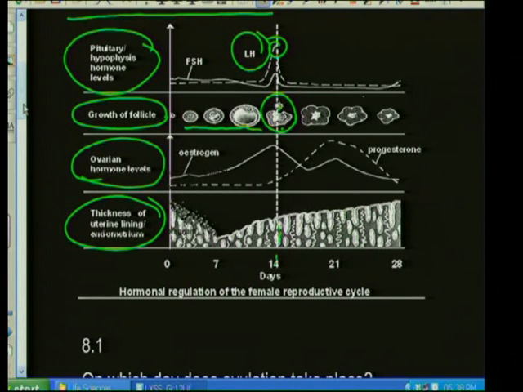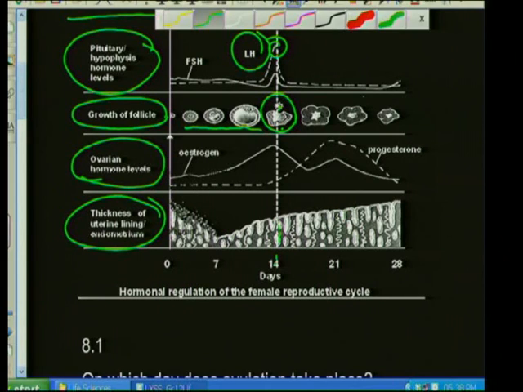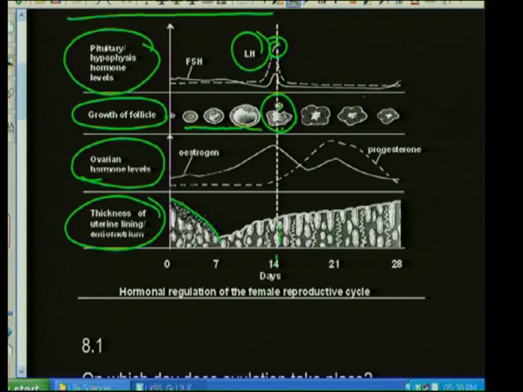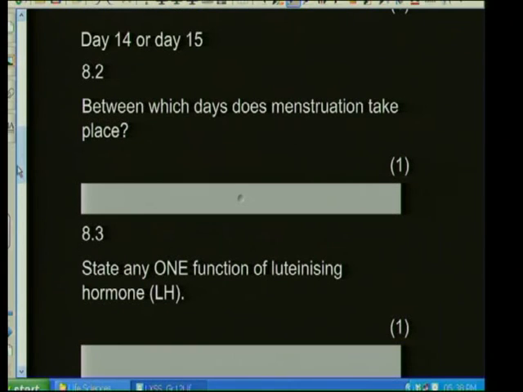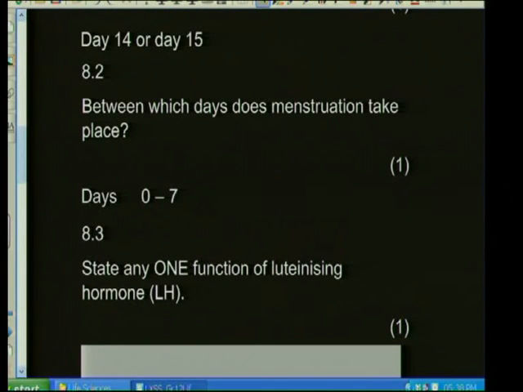It will be indicated when the lining of the endometrium is becoming thinner. And in this graph, the only part where it's happening is from there to there. So in other words, from 0 to about 7 days. Day 0 to day 7.